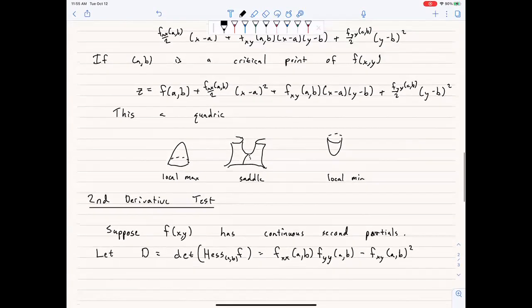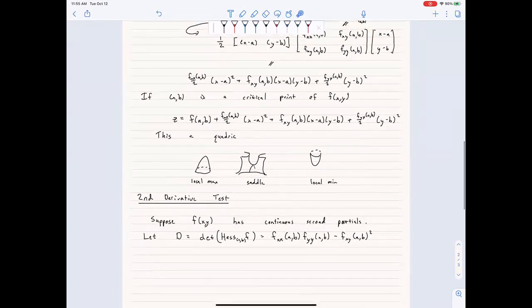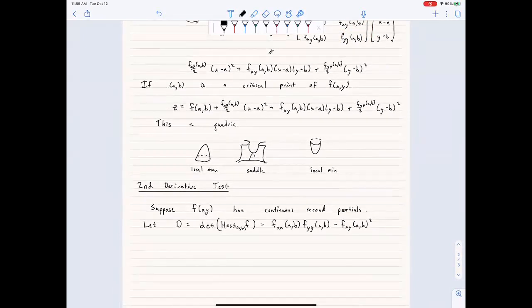You can see this is precisely the determinant of this matrix here. Take this times this, minus this times this. This is called the discriminant.